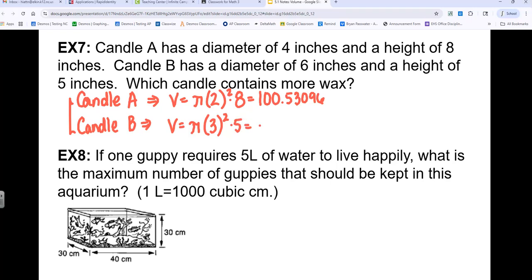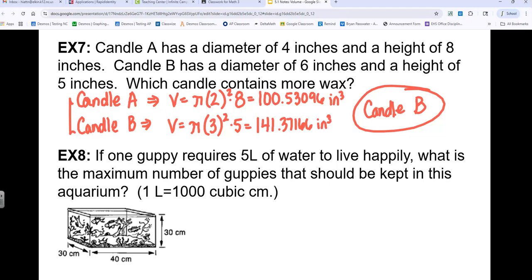And what do we get? 141 point what? Okay. And these are both in cubic inches. Everybody getting the same thing? So in this case, candle B is your answer. Candle B is going to have more wax in it.